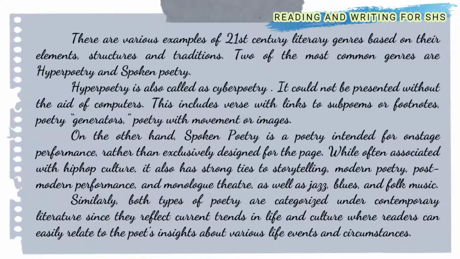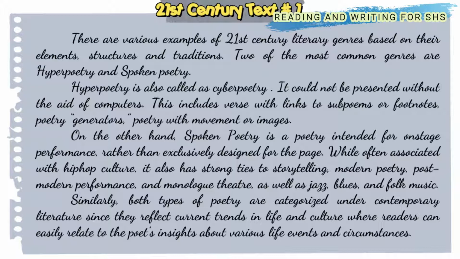There are various examples of 21st century literary genres based on their elements, structures, and traditions. Two of the most common genres are hyperpoetry and spoken poetry. Hyperpoetry is also called cyberpoetry. It could not be presented without the aid of computers.